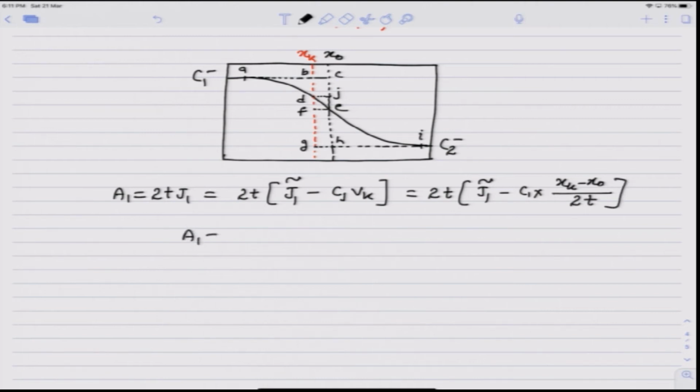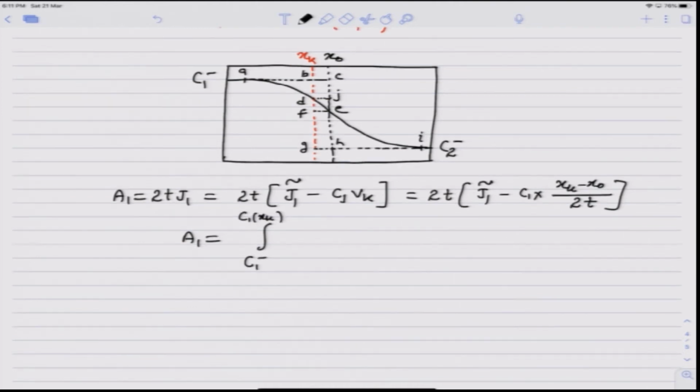So we have A1 is equal to 2t J1 tilde, which is nothing but the integral from C1 minus to C1 at xk of (x minus x0) dC1, minus C1 times (xk minus x0).